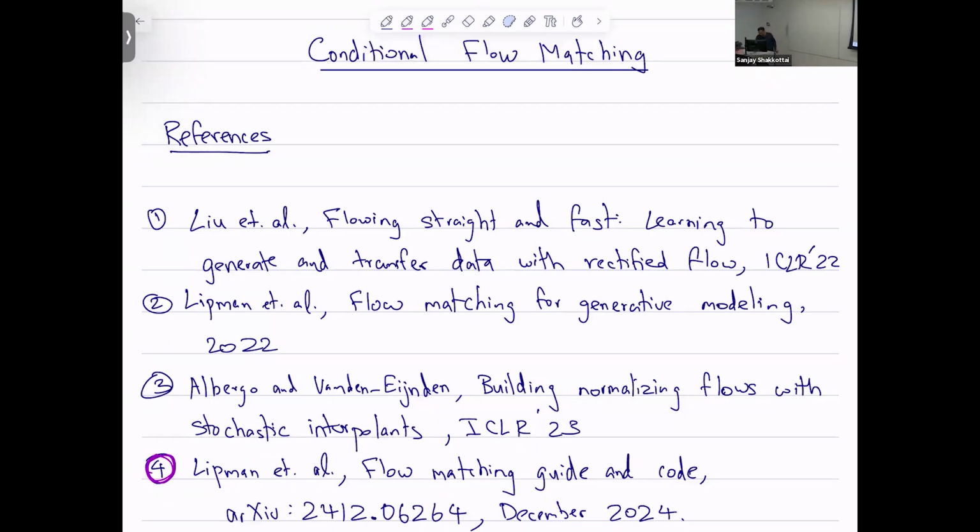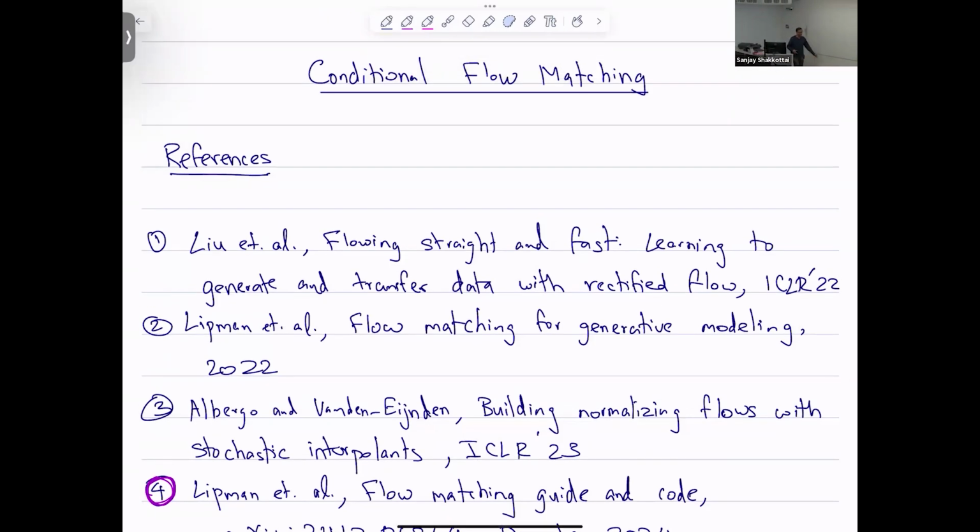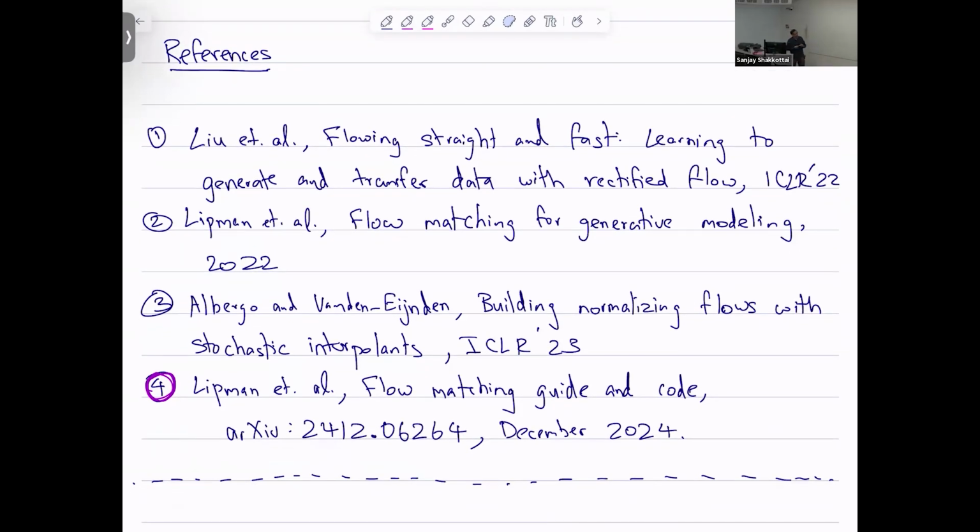So with that, let me get to conditional flow matching, and then we'll go to RF inversion. As I said, rectified flows have been really popular recently.